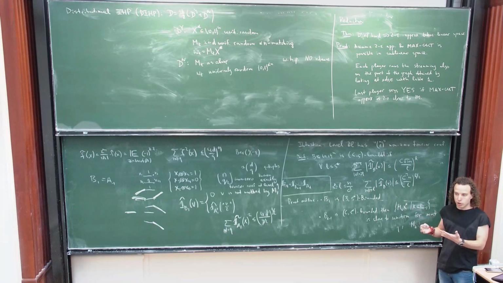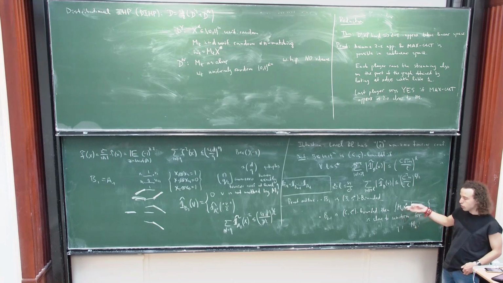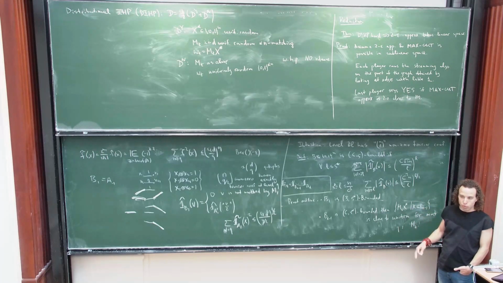But for a typical matching, you can show that in total variation distance, each player is going to see uniformly random. This is part of the intuition that it's indistinguishable from the no case.